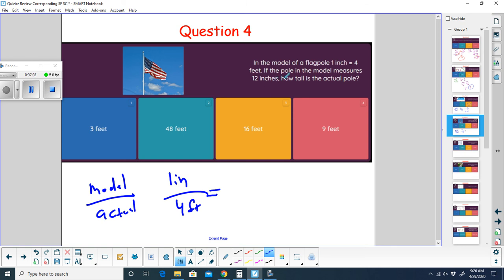And it says if the pole in the model measures 12 inches, so in the model, 12 inches goes with, let's call it T for how tall it is, right? Do the work here, you get 1 times T is T, 4 times 12 is 48, which means it would be 48 feet tall.